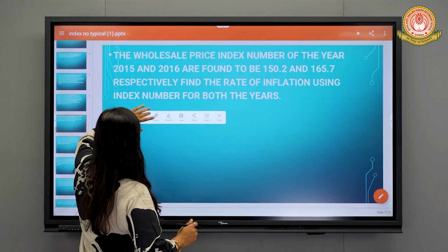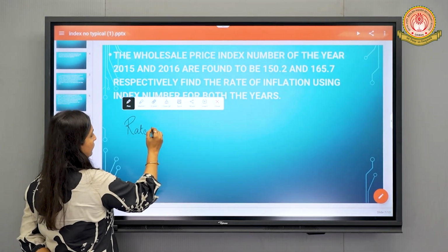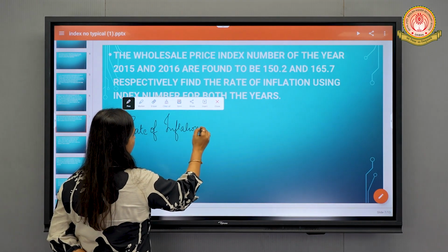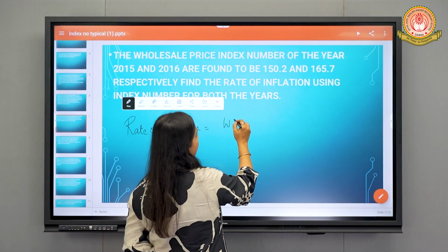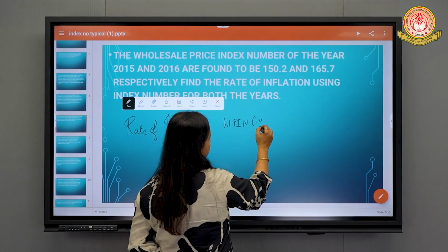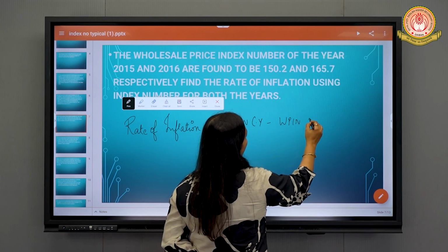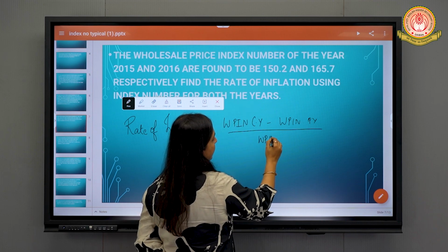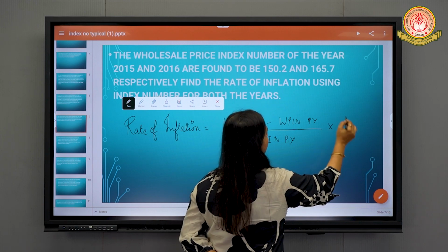The formula for rate of inflation is equal to wholesale price index number of the current year minus wholesale price index number of the previous year, divided by wholesale price index number of the previous year, into 100.